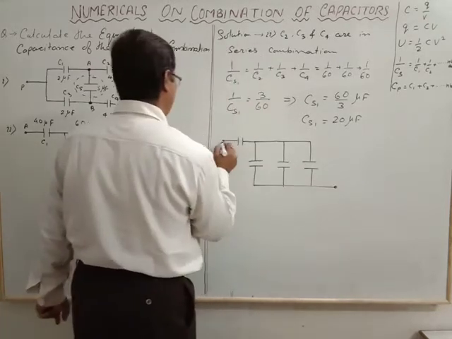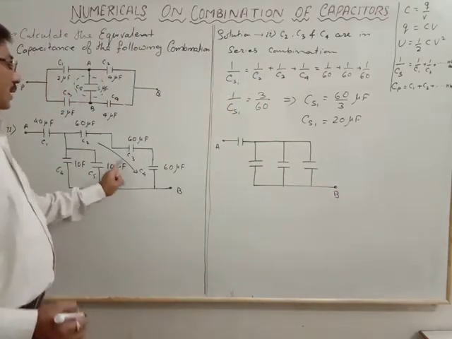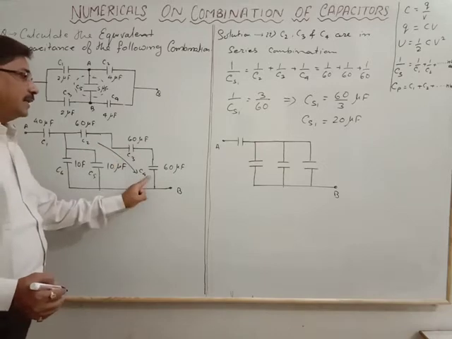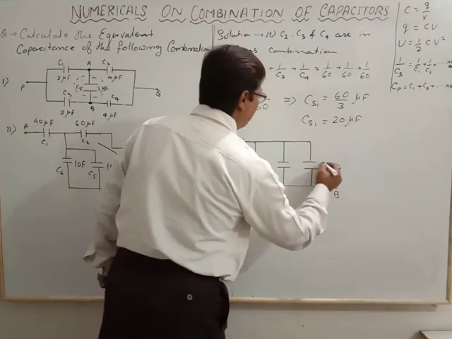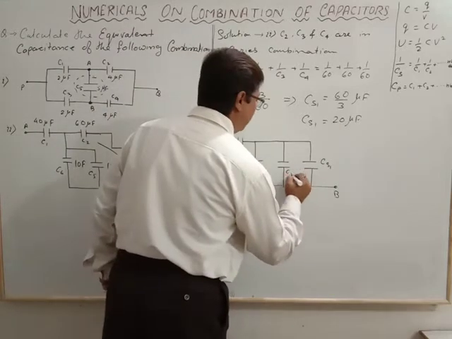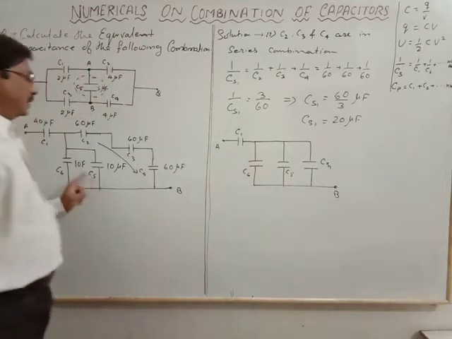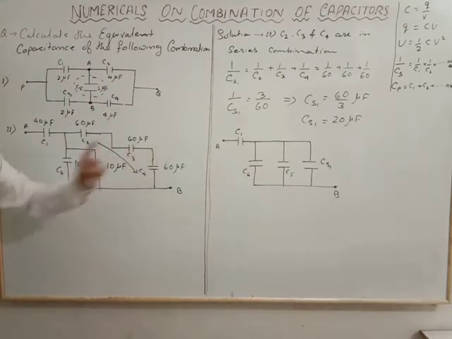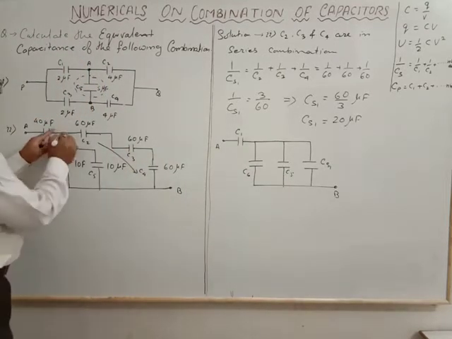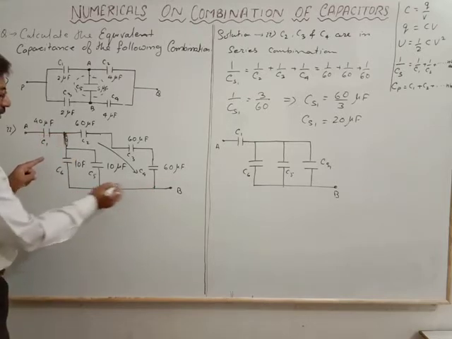A point, B point. The earlier three are in series, so the three have the equivalent CS1. Then after that C5, here C6, and this one is C1. All three have the same terminals.